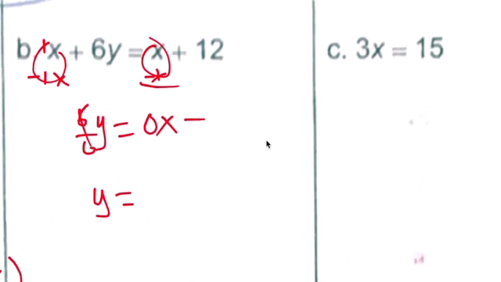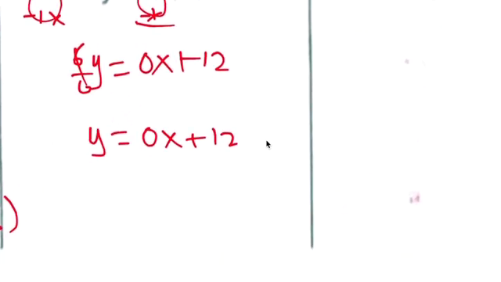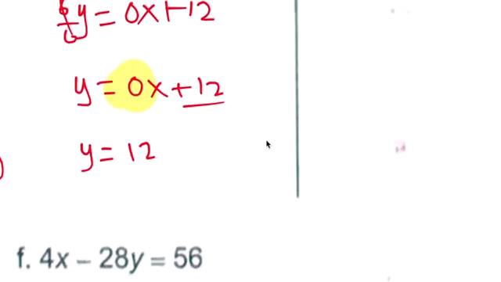Add 12. If you don't know what slope is, you can leave it like that. Slope is 0, y-intercept is 12. So your slope is 0, the y-intercept is 12.